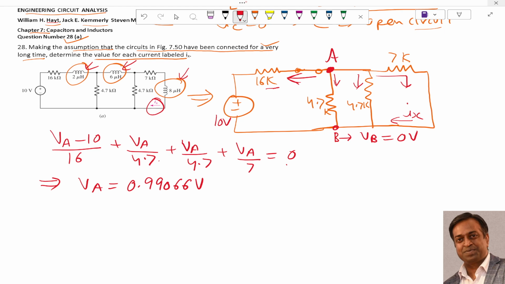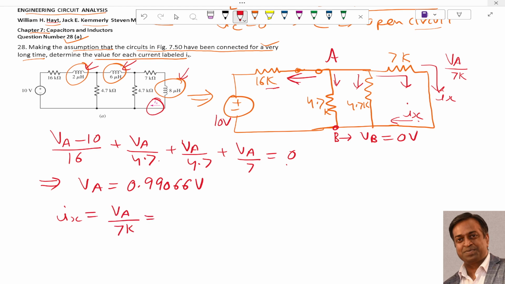It is near to 1 volt. And now we need to determine this Ix, and this Ix and this Ix, which is the current in this particular branch. Considering node A, this current will be VA upon 7K. So our Ix is VA upon 7K.